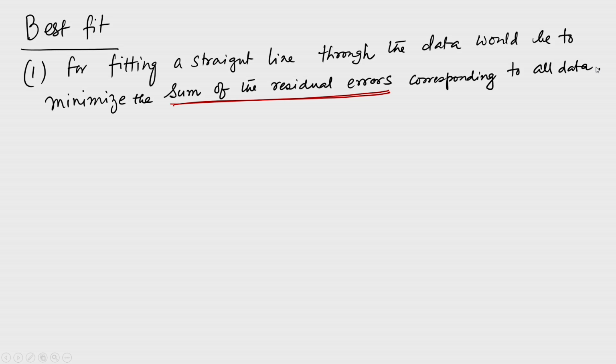Okay. So, what I mean is that we have to minimize a quantity called sum of e i, where i runs from 1 to n, n being the total number of data points, and from the linear equation we can write it as y i minus a 0 minus a 1 x i.